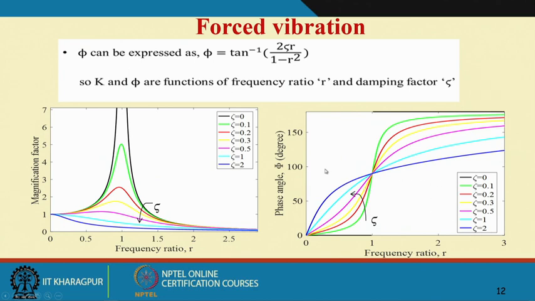So, the change in the phase angle between the response and the force, and the maximum value of the response at frequency ratio 1, are indicators by which we can find out the occurrence of a natural frequency and so on.